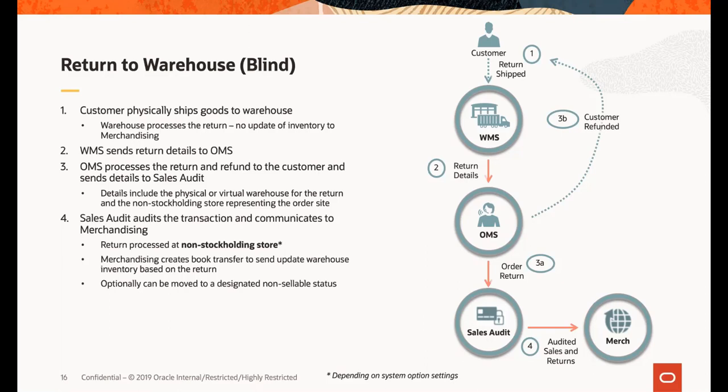There is also the system option I mentioned before for return. If that's flagged to be returned against the original store, we would need to have that information passed to us from order management. That's part of the sales file that they can send. If that's sent, and that's how the system option is set, then the return will actually go against the original store location. And again, book transfers help true up all the inventory on the back end.